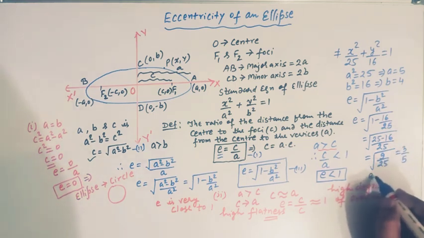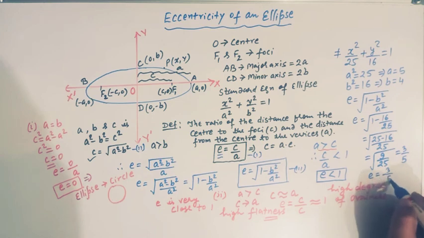So the eccentricity is 3 over 5, which is 0.6.